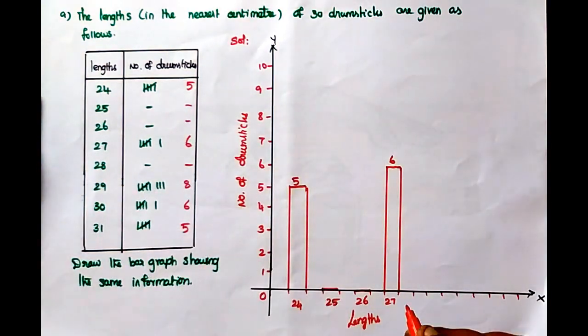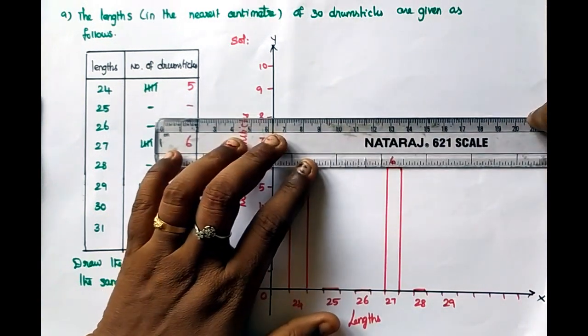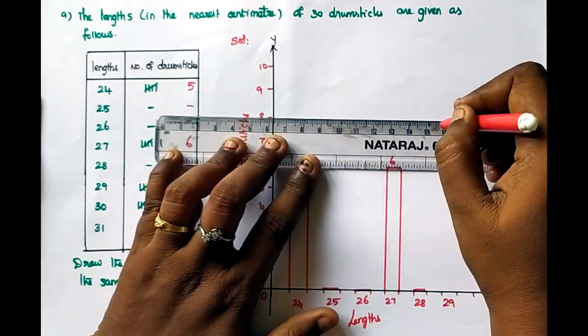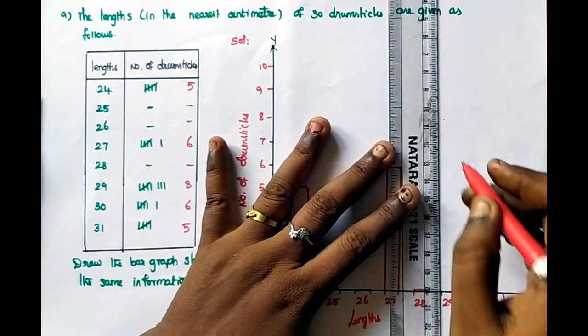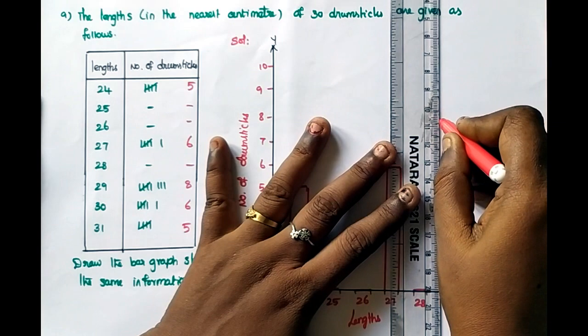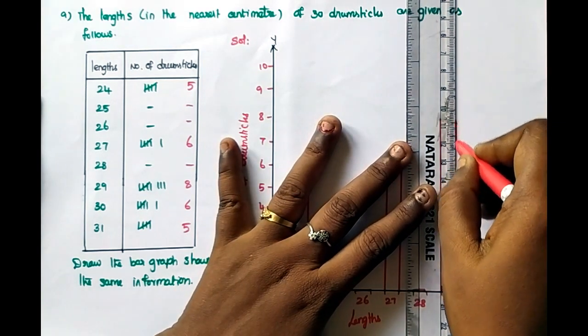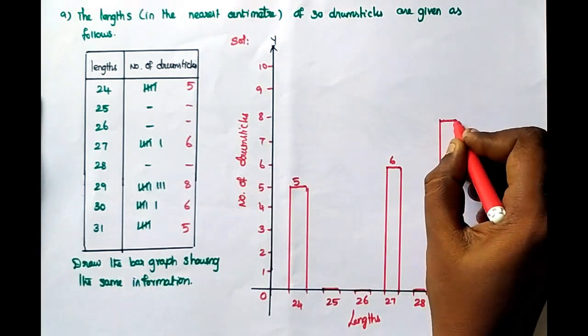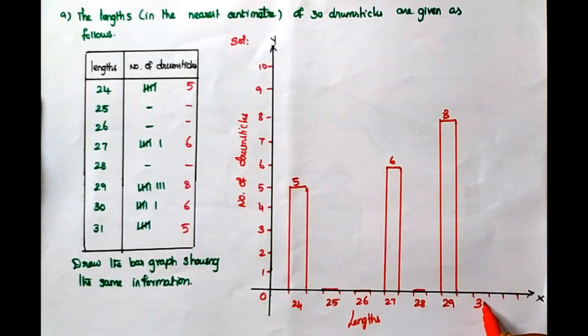And then 28 is not there. 29, 8. How much? 8. Then 30 centimeter. In 30 centimeter, 6 drumsticks are there.